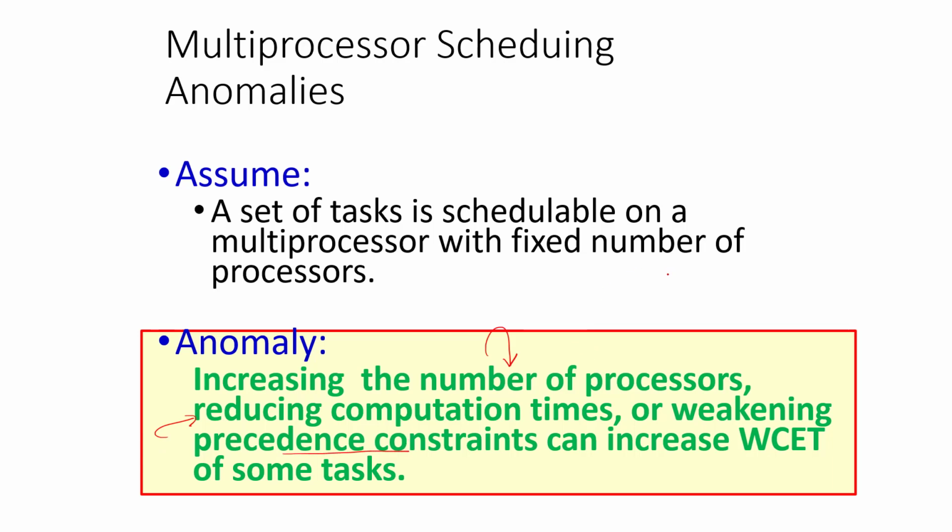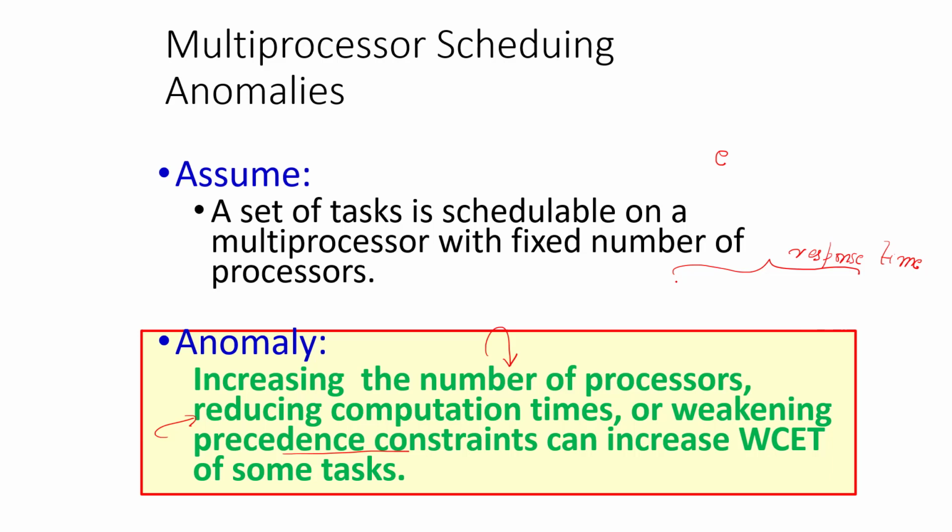In some cases, the worst case execution time, which I will also, by the way, refer to as the response time because there is a confusion in the terminology. When I refer to the execution time, it's the time that the task actually takes to execute, independent of the scheduling.